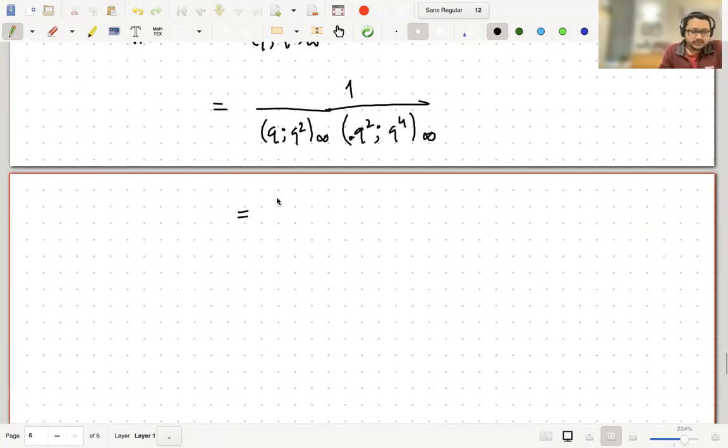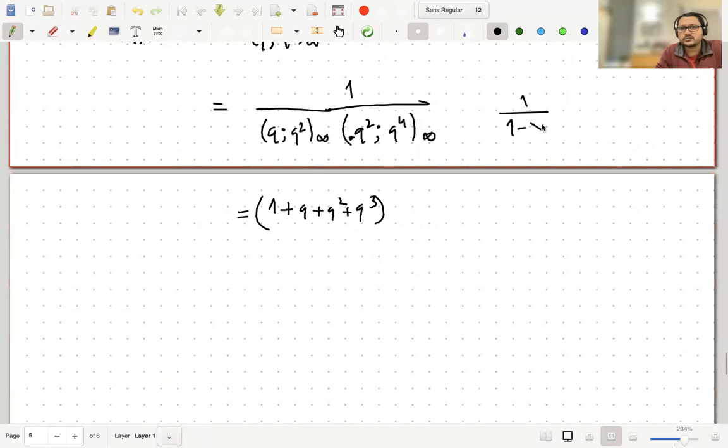So what this gives us is 1 plus Q square up to Q cube. I'm sure you already know this, but since we are in the formal world, all of these are polynomials for us, so we don't really care about convergence or divergence.